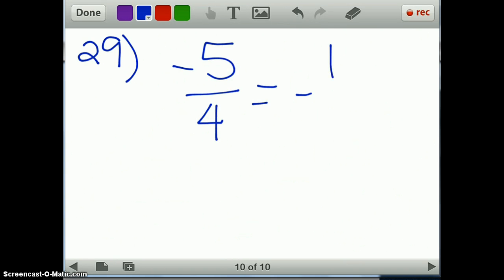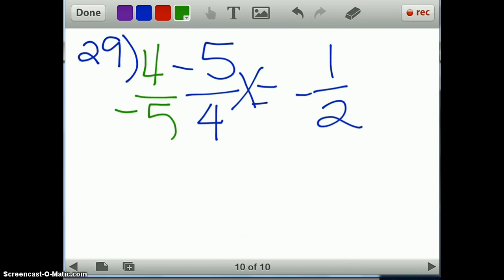So 29 says negative 5/4 x equals negative 1/2. All right, here's a multiplication. Oops, I forgot to put the x in there. How do I undo that negative 5/4? Well, put your two hands out in front of you in fists. And how do you undo negative 5/4? You multiply by negative 4/5, because look at that, that goes to 1, that goes to 1. They simplify out, and I'm left with 1x. Do you see how the signs are the same?